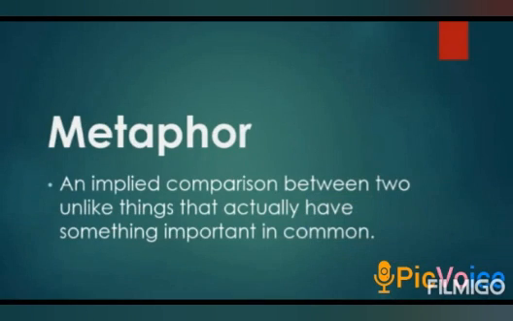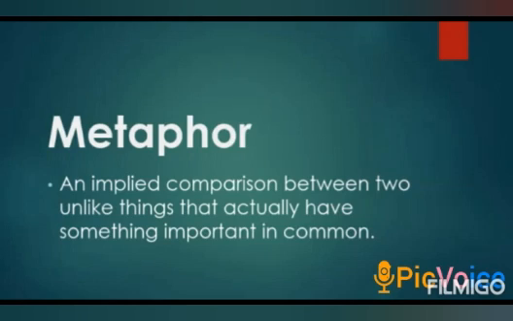What is metaphor? Metaphor is an implied comparison between two unlike things that actually have something important in common. Both things are unlike each other, but we take any one common quality and compare it.